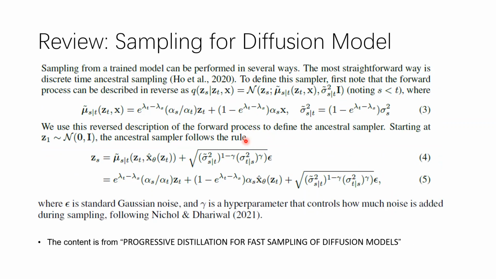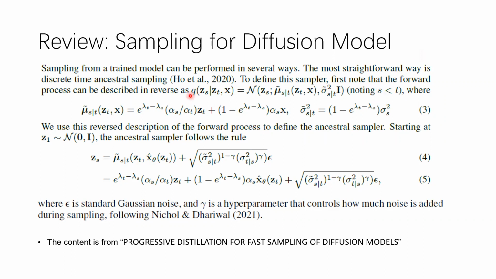Once we train a diffusion model with the noise goal, when we want to generate an image, we need to sample from the trained model, and it can be performed in several ways. The most straightforward way is called discrete time ancestral sampling.